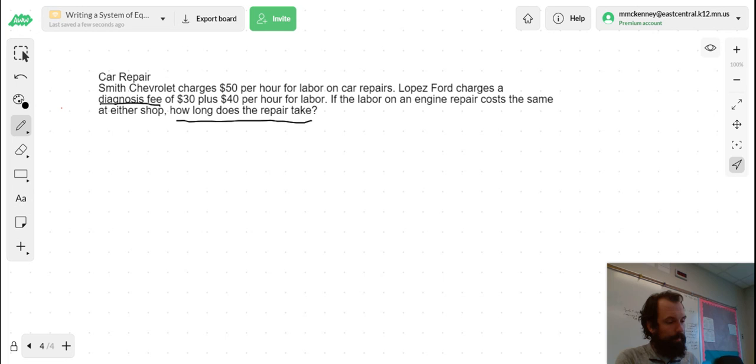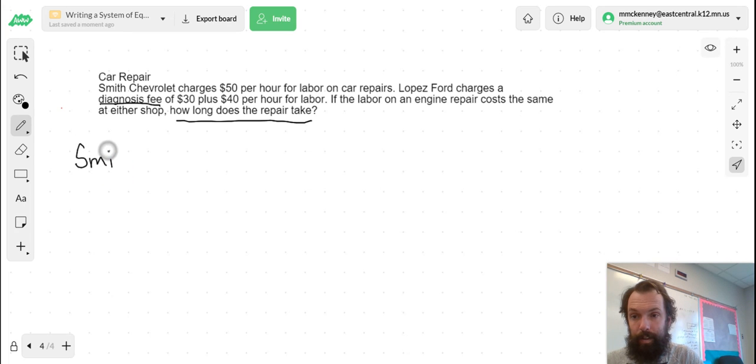Lopez's shop is charging $50 per hour, and they have a diagnosis fee.